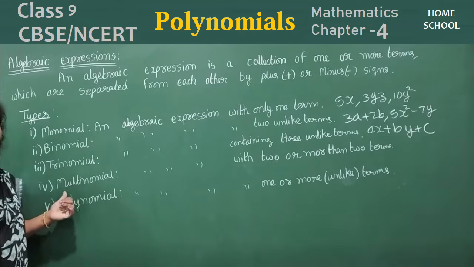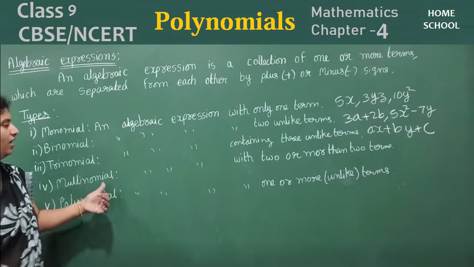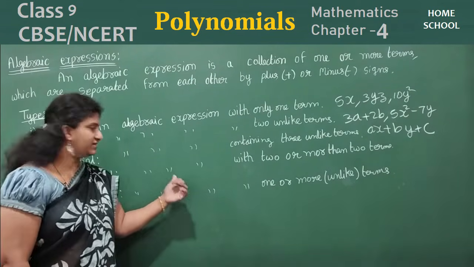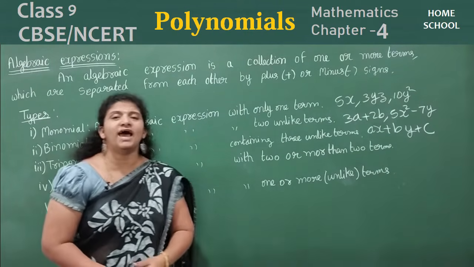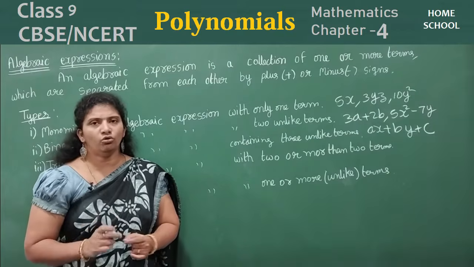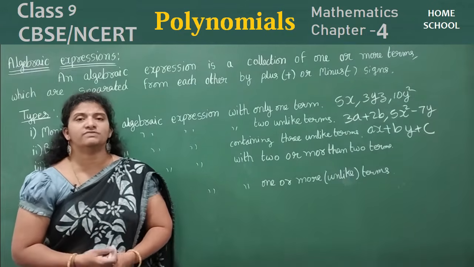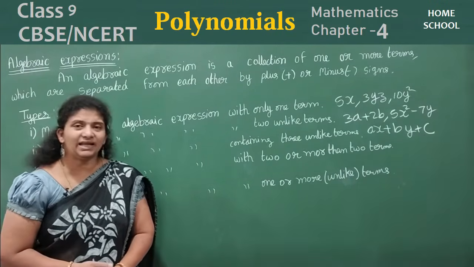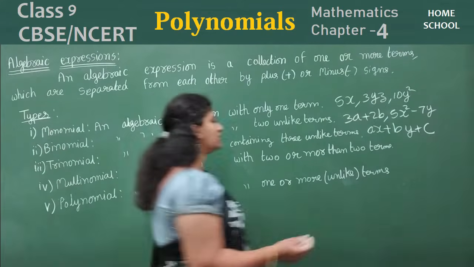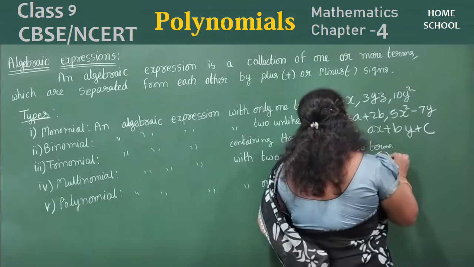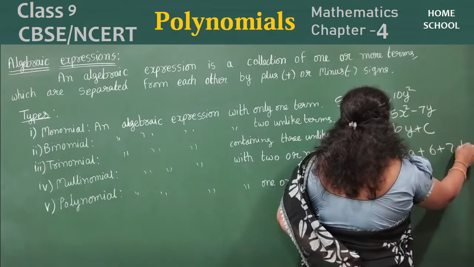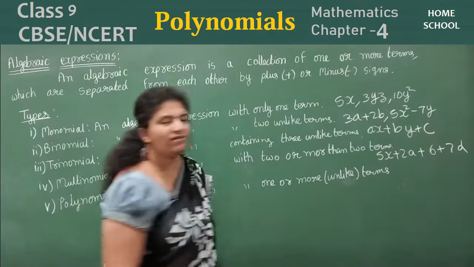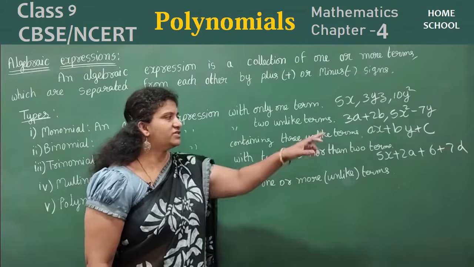More than three, multinomial. A multinomial is an algebraic expression with two or more than two terms. Suppose, let me take here 5x plus 2a plus 6 plus 7d. So something you have like this. How many terms do you have there?